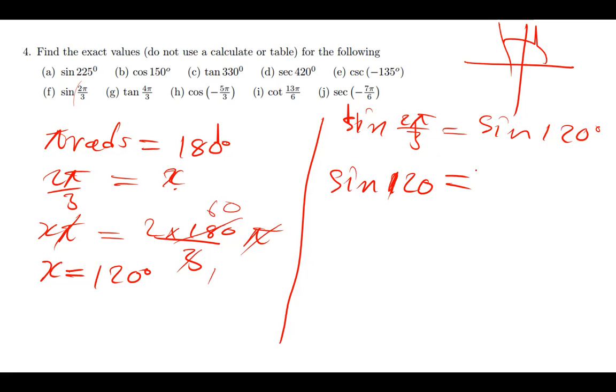We say 180 minus 120, the answer is 60. So this is just the same as sine 60 degrees, which is simply the root of 3 over 2. So this is simply how you find the special angles.